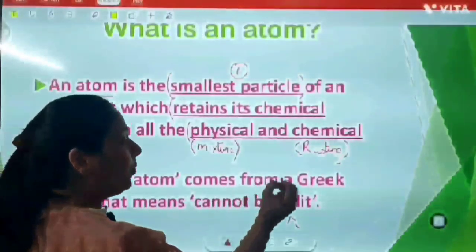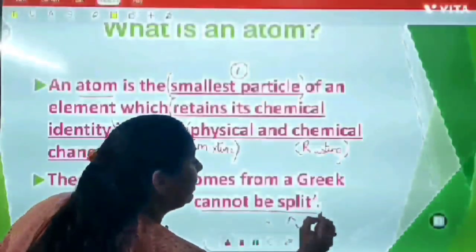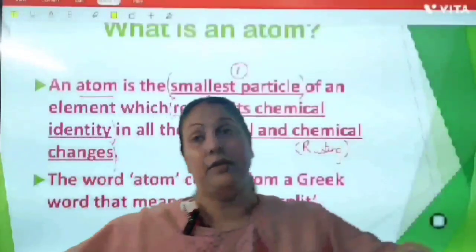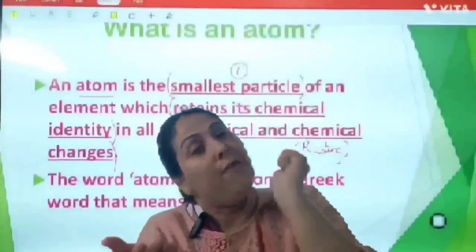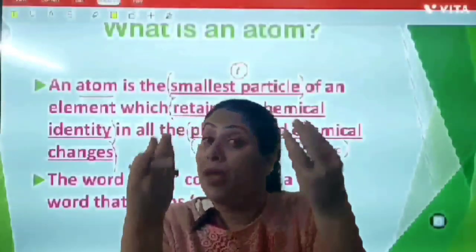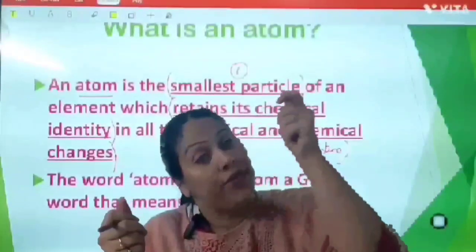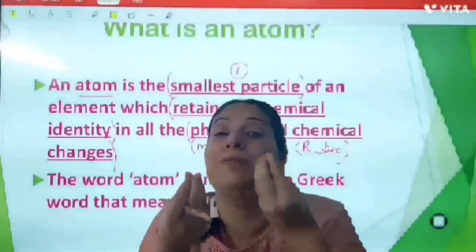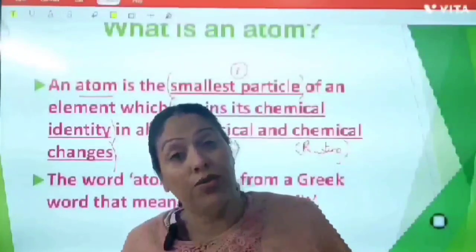The word atom comes from a Greek word that means cannot be split. If I take a small iron block, I hammer it and break it into several pieces. I hammer those several pieces as well and make it into an absolutely fine powder.